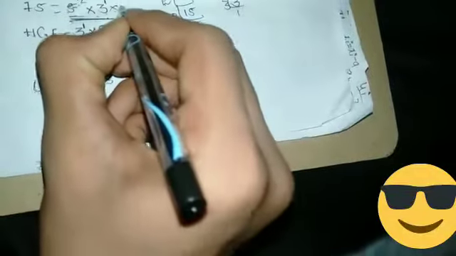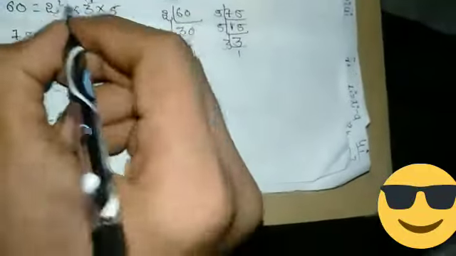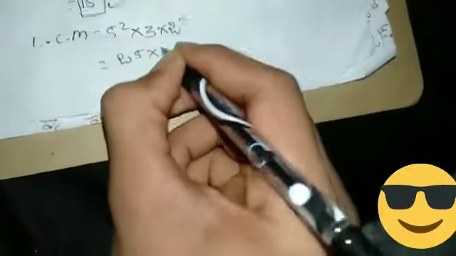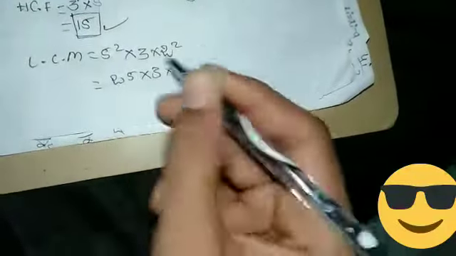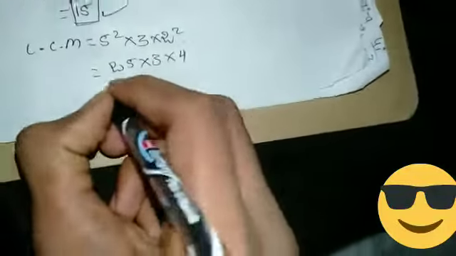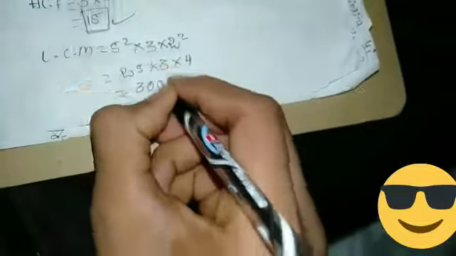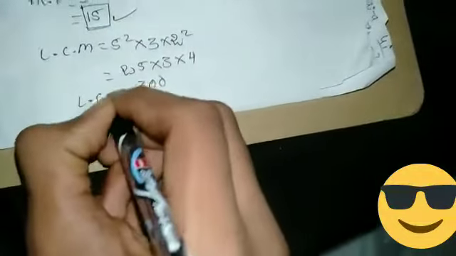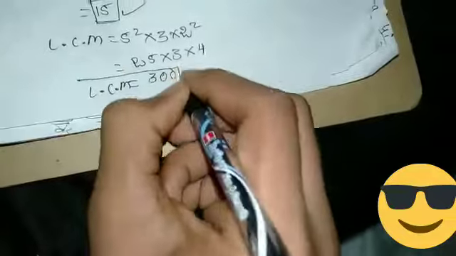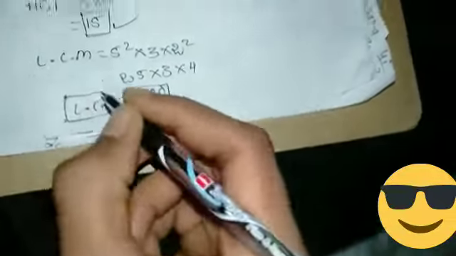Here 2 is not there in 75, which means we can write 2 power 0. 2 square is highest, so 2 square into 5 square, which is 25, into 3, that is 300. LCM for this is 300.